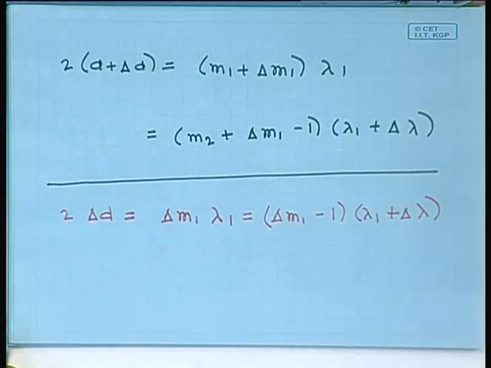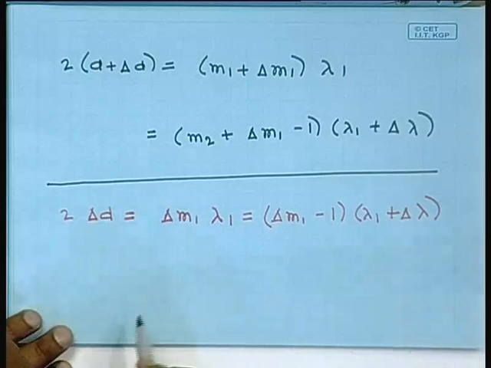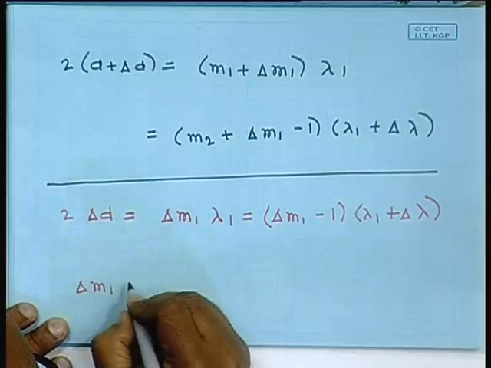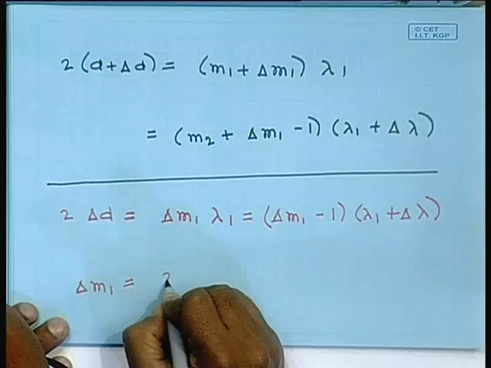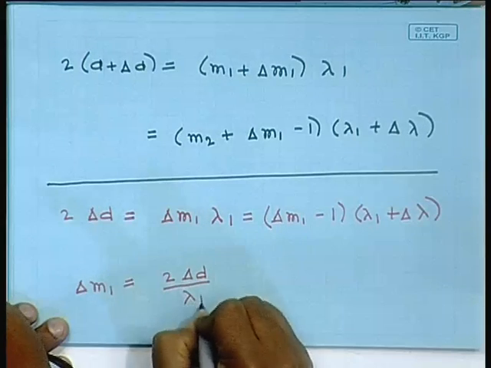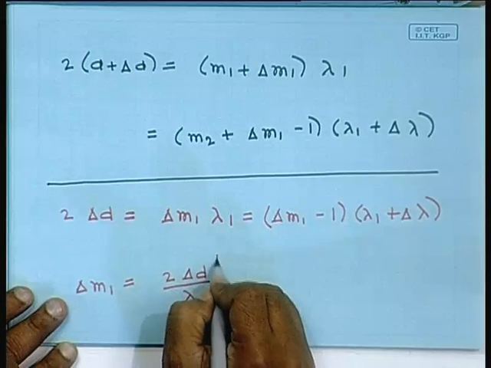So, let us now see what are the consequences of this. The first consequence of this is that delta m1 is equal to 2 delta D by lambda 1, which we have already worked out earlier.